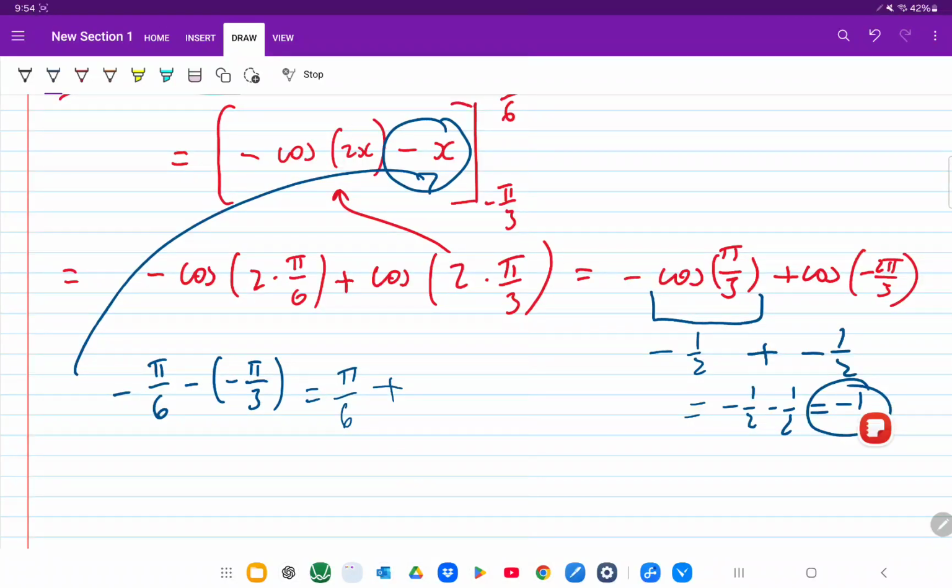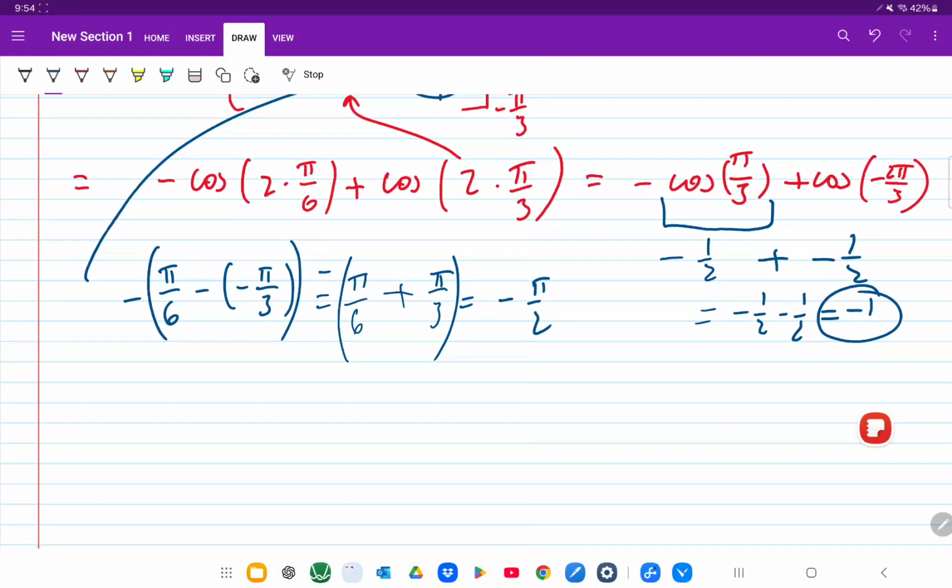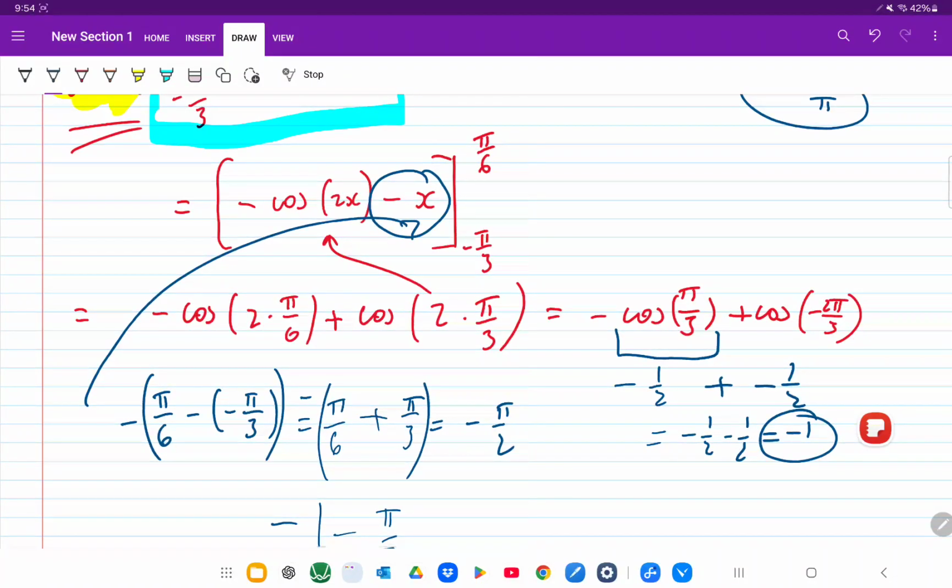And so that turns out to be pi on 6 plus pi on 3, which is equal to pi on 2. But since that's a negative, we need to take that into account, so we'll put the brackets there. That becomes negative pi on 2. We combine these two answers and we get negative 1 minus pi on 2 as our antiderivative of that particular part.